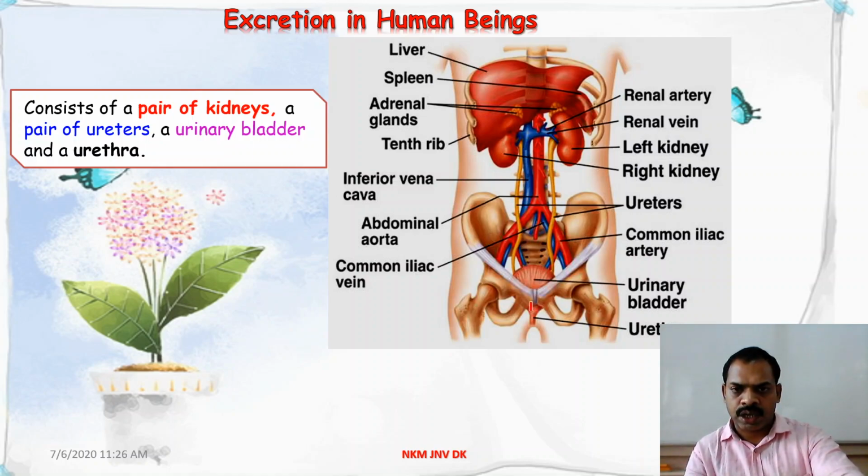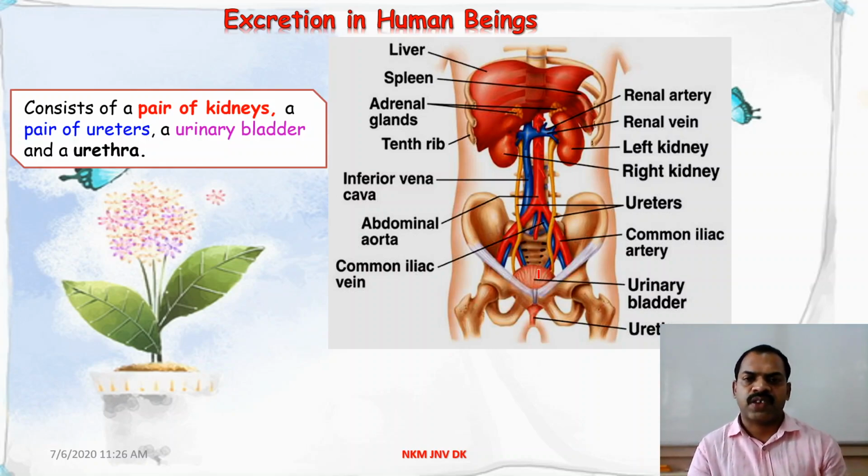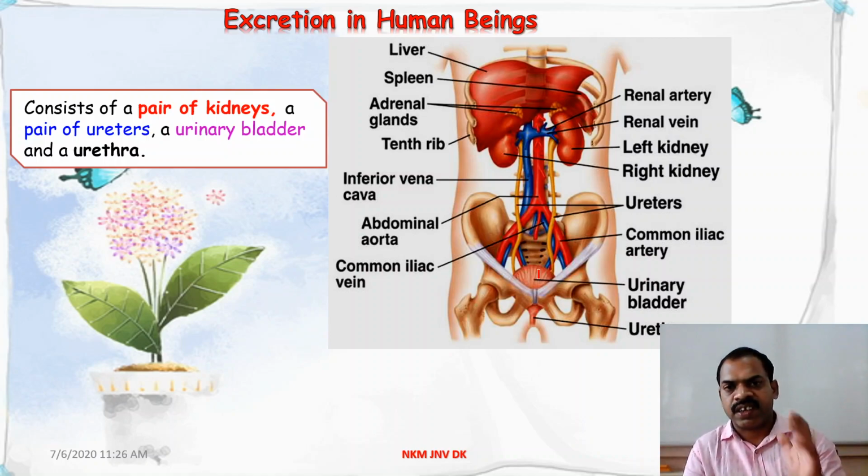The bladder is located here, and the urethra, the opening of the bladder, is called the urethra. So these are the components of our excretory system. Of course, there are blood vessels which supply blood to the kidney. But the major components are the kidney, ureters, urinary bladder, and urethra, the parts of the human excretory system.